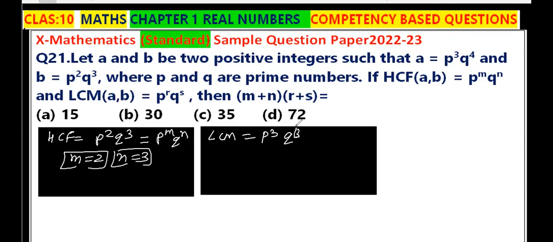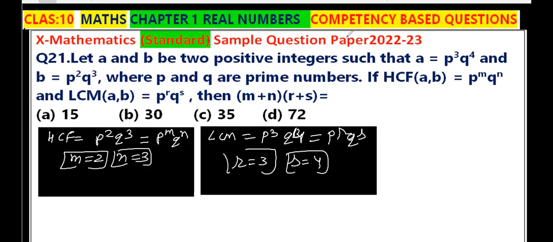So I have to write here Q power 4. But it is given that the LCM of the two numbers is P power R into Q power S. So comparing left hand side and right hand side, R is equal to 3 and S is equal to 4.